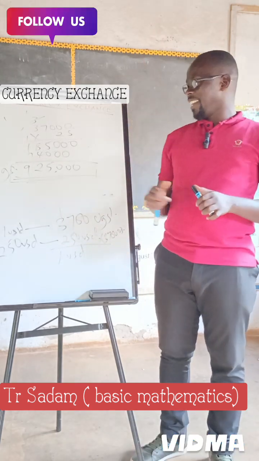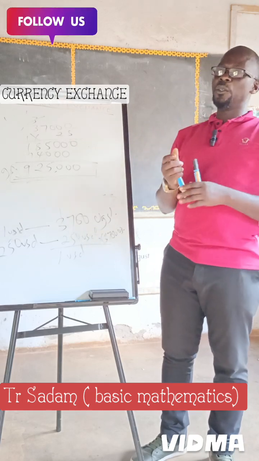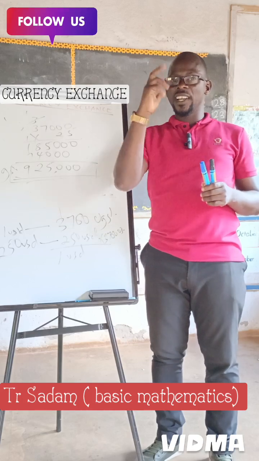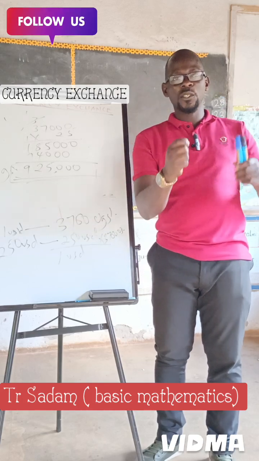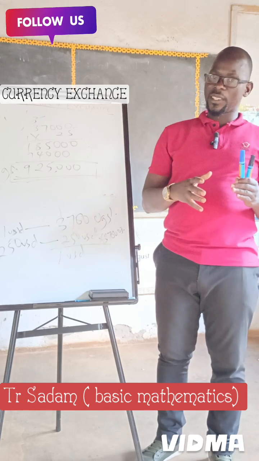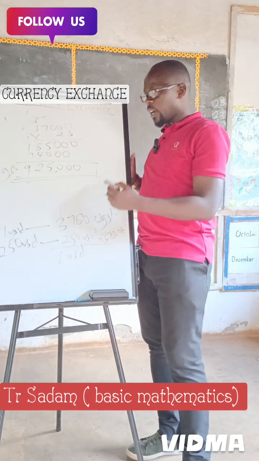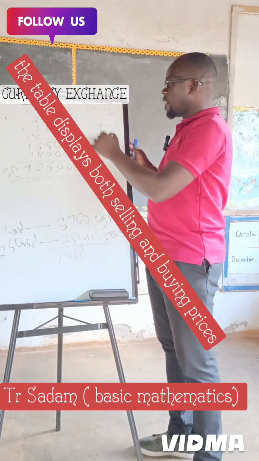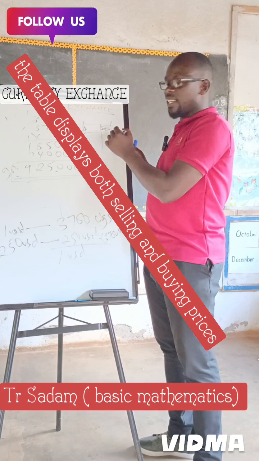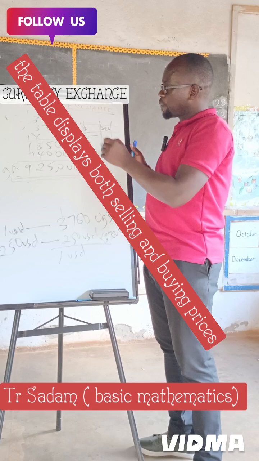Now, tomorrow, when you want this money back into US dollars, say you want to go back the other side, you will have to go to the bank. But this time, we are going to use the selling price. When you have home currency, the bank sells to you foreign currency. So in this table you always see, where there is buy and sell, this time, when we had the US dollars, we used the buying column.